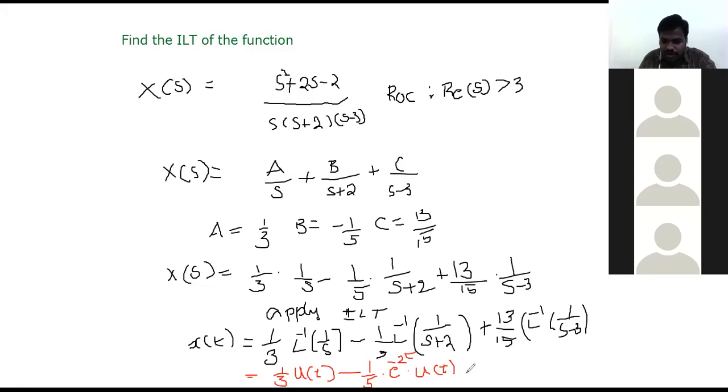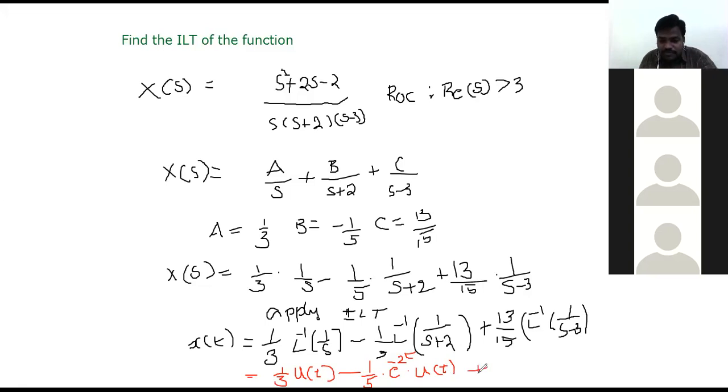So you need not derive again that e power minus 2t into u of t has the transform 1 by s plus 2. Directly, you can write that we know that the Laplace transform of e power minus 2t into u of t is equal to 1 by s plus 2. If you bring that Laplace transform to the right hand side, obviously you will get the inverse Laplace transform of the function 1 by s plus 2, and you will have only the function x of t here.